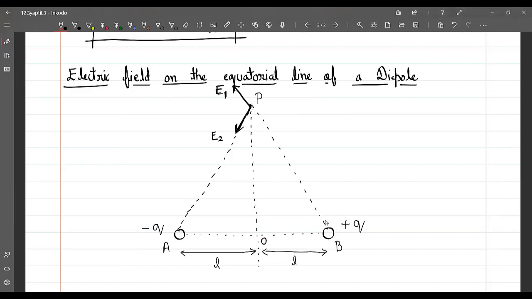And I want to find the distance between P and B. I will take this distance as, let us say, R. This distance is R, the distance from O to P. So distance PB will be, from Pythagoras theorem, root over R square plus L square. And this will be equal to PA. PA will have the same length, root over R square plus L square.